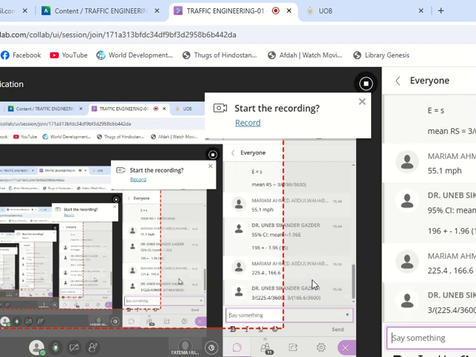So this will become the 95% confidence interval of running speed. I was given mean time, I calculated mean speed. Then I calculated the confidence interval of time to calculate the confidence interval of speed. In all the cases, we are just doing distance upon time, and the time is converted to hours.